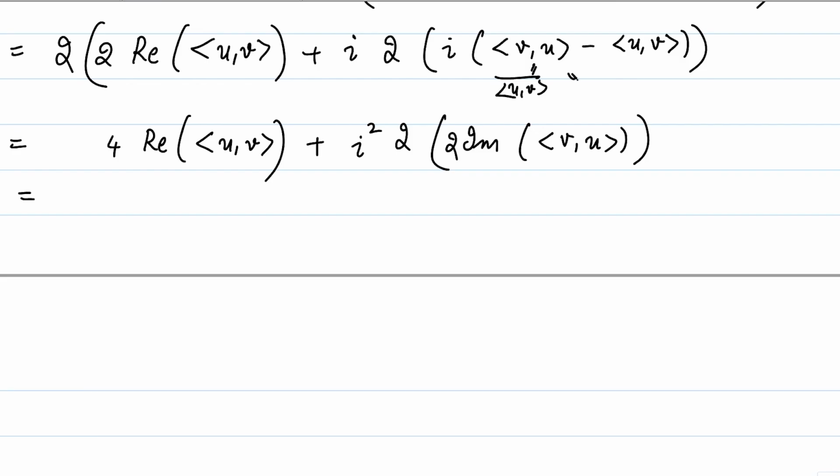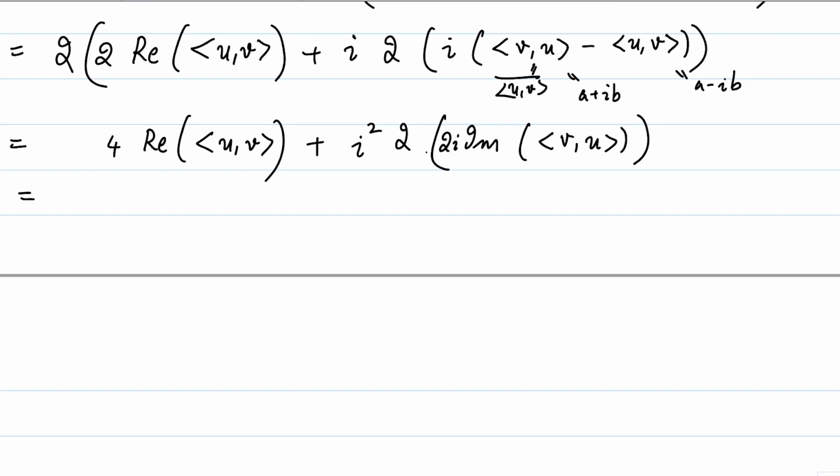Because if this is a plus ib and this is a minus ib, you should do the subtraction and see that a plus ib minus a minus ib is, oh, there is an I. There is an I. So we should be careful. So 2I times the imaginary part of the inner product of v comma u. So the answer when you subtract will be 2ib, which is 2 times I into imaginary part of that. So that's what I have written here.